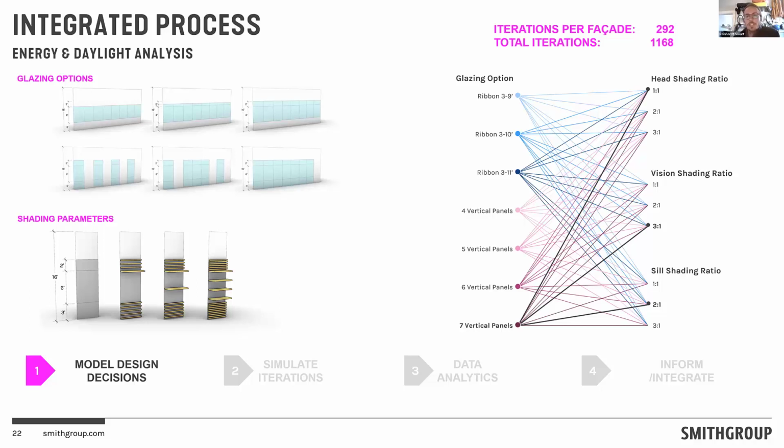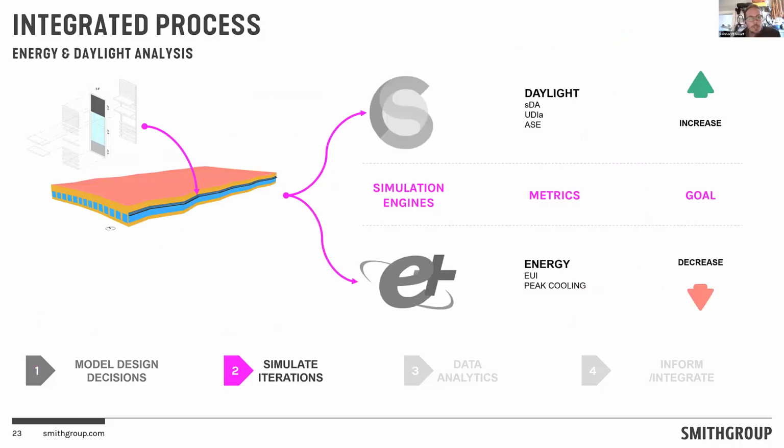So you'll see here for each facade, we have multiple iterations. And the question for us is, how many of these particular options do we want per facade? Because the facades perform differently depending on the criteria. So what we did is we ran this through Rhino and Grasshopper using ClimateStudio for daylighting and EnergyPlus for energy.